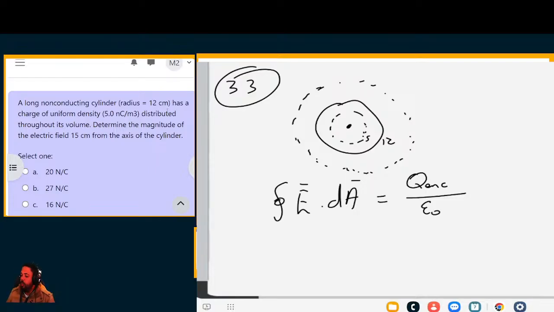Now, first of all, this is symmetric, so we can take E out as a constant, so it will be E times the area enclosed is equal to Q enclosed over E naught.